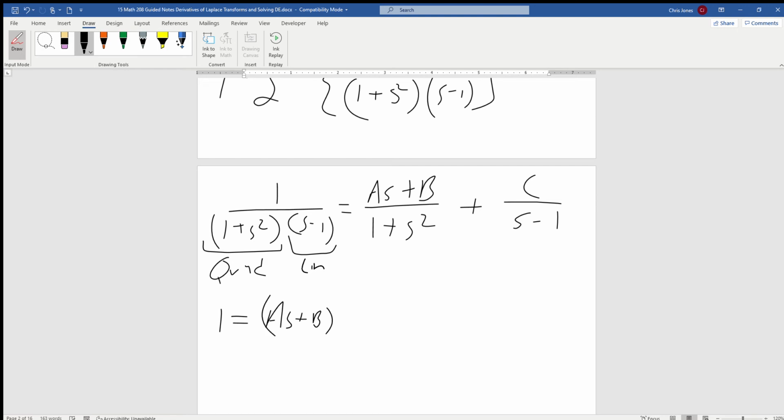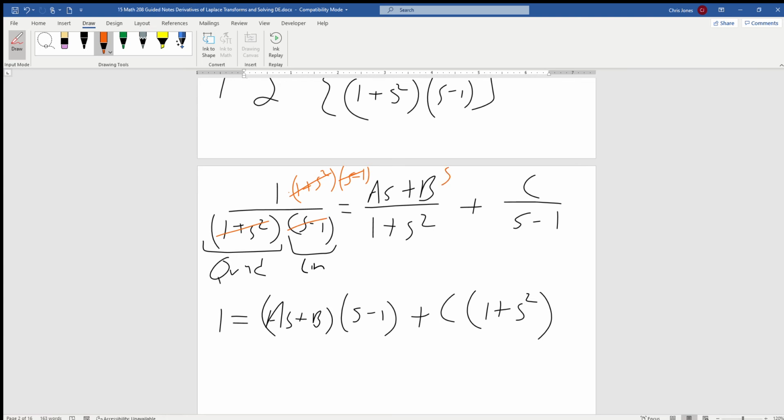Now the 1 plus s squared is going to cancel with the 1 plus s squared, and we're going to be left with s minus 1. And then the s minus 1 is going to cancel with the s minus 1, so that's going to be times 1 plus s squared. Just to make it painfully clear what I'm doing here, I'm multiplying all the numerators by 1 plus s squared, s minus 1. This cancels with this, and this cancels with this.